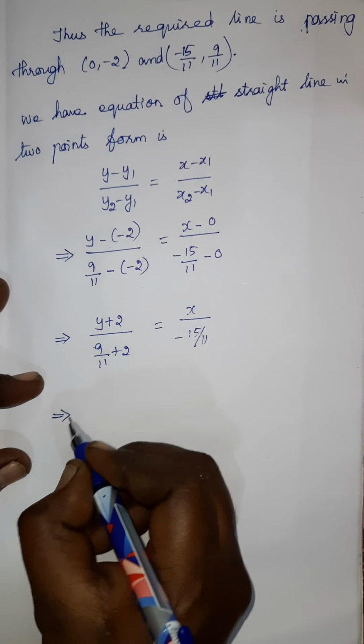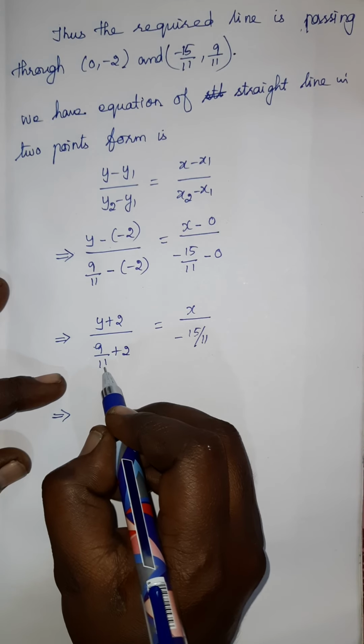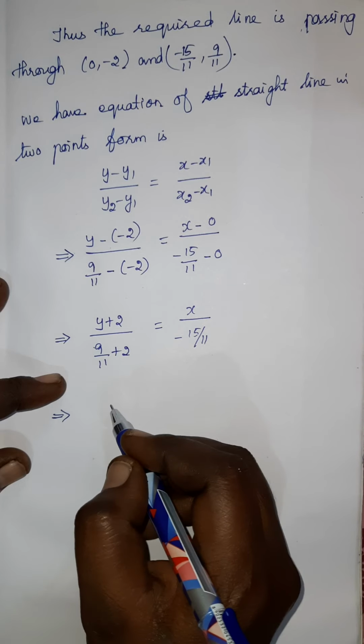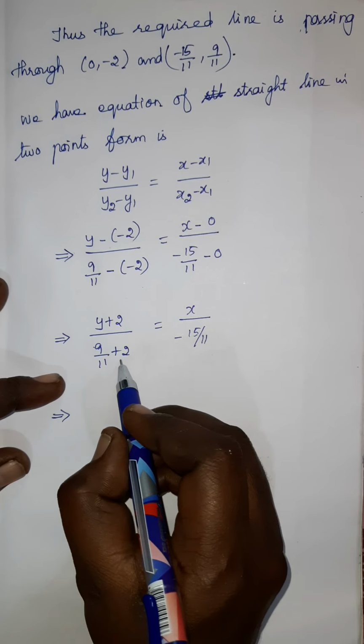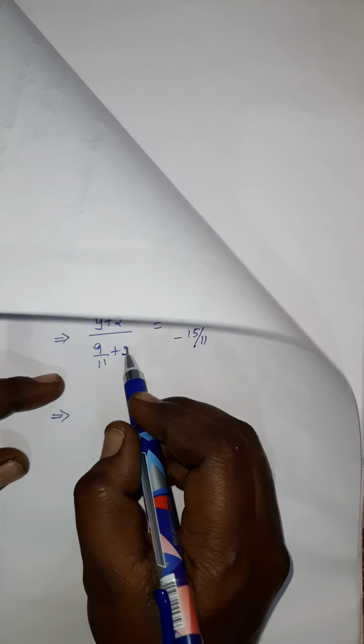Now on both sides, the denominator for one fraction is 11. So you can find the LCM and cancel both denominators. So we can multiply this 11 with this numerator.